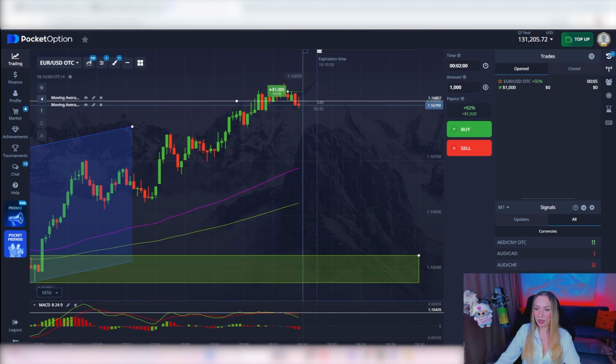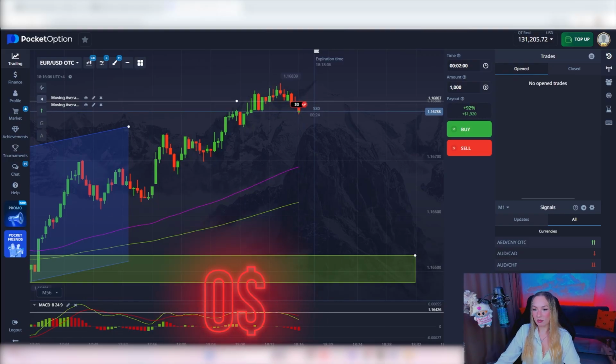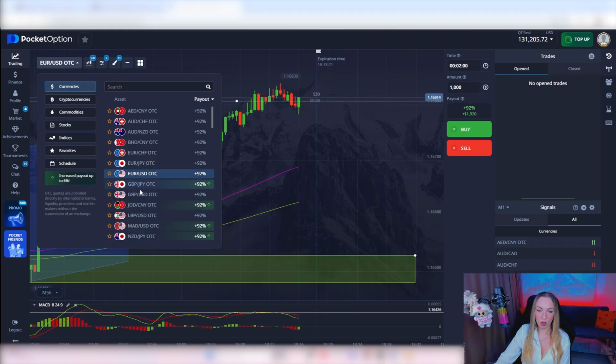Okay, this trade doesn't look like the perfect one. But I'm always telling you that 70-80% of the trades are successful and 20-30% are not. And this was an example of such a trade. Yeah, maybe it was a bad idea to open it.